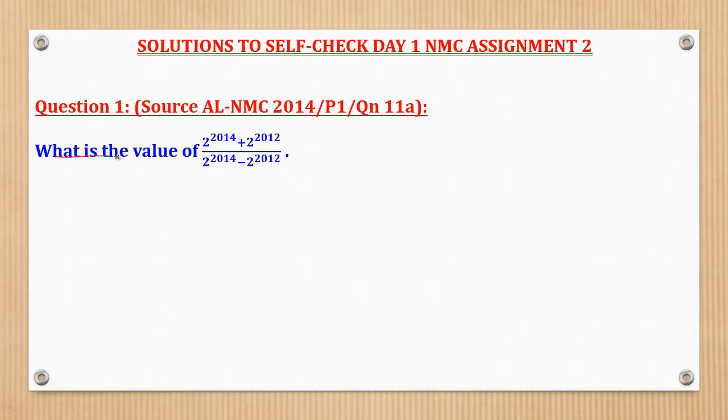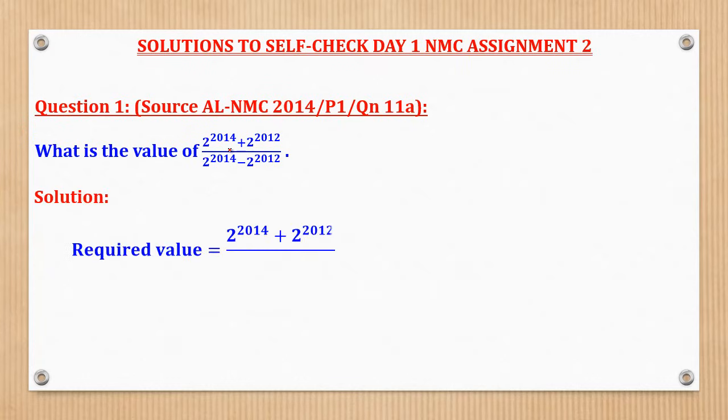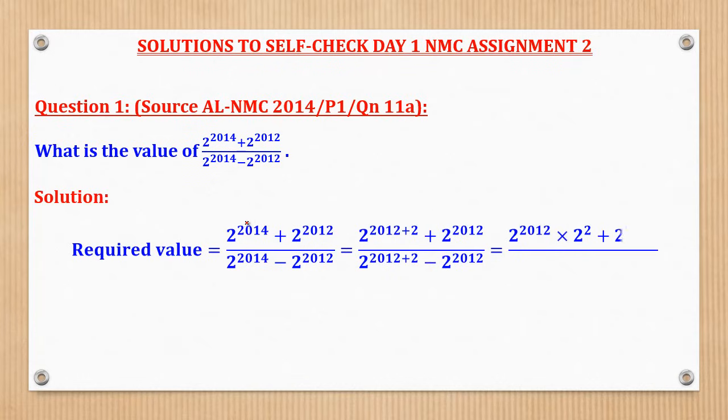Question 1 of assignment 2 says, what is the value of this? So the powers look a little big, but we can use factorization to reduce them. If you realize, of these two, the smallest power is 2012. That's what we can factorize out.